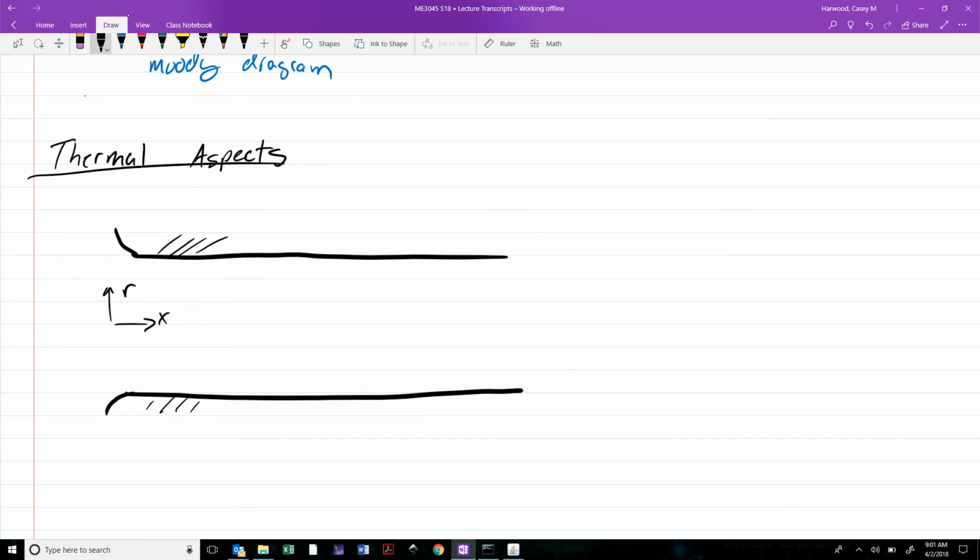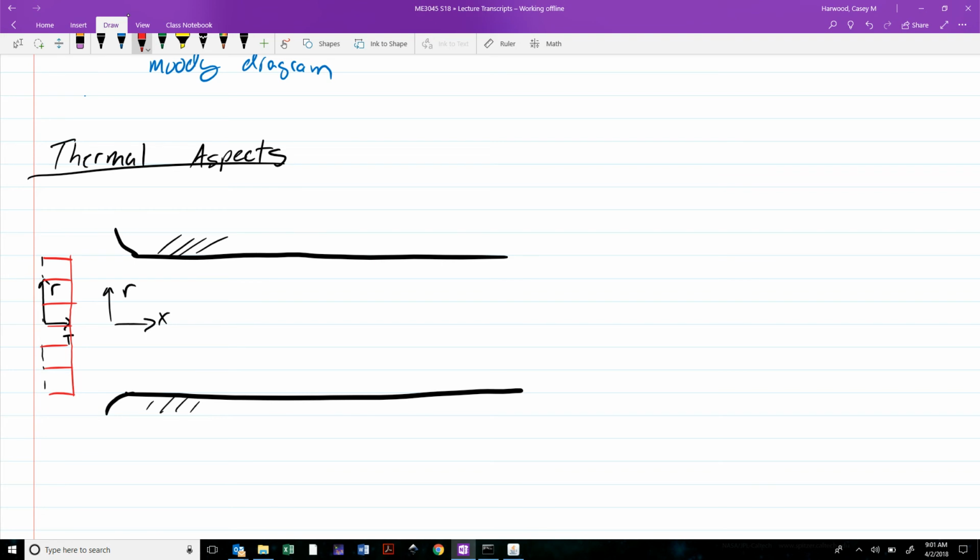The incoming flow in this case, let's say, has a distribution of temperatures that is uniform at the inflow.